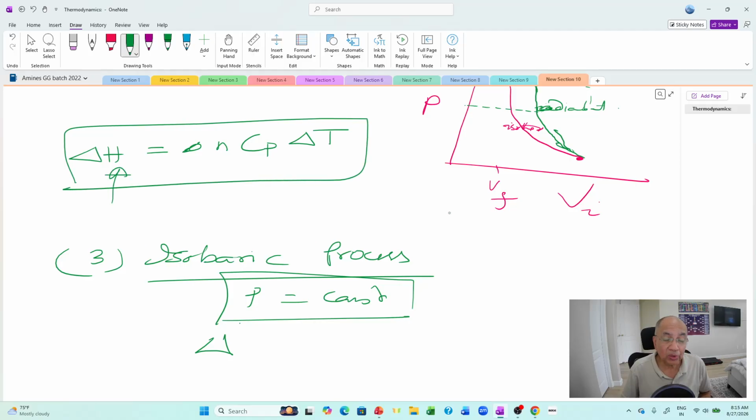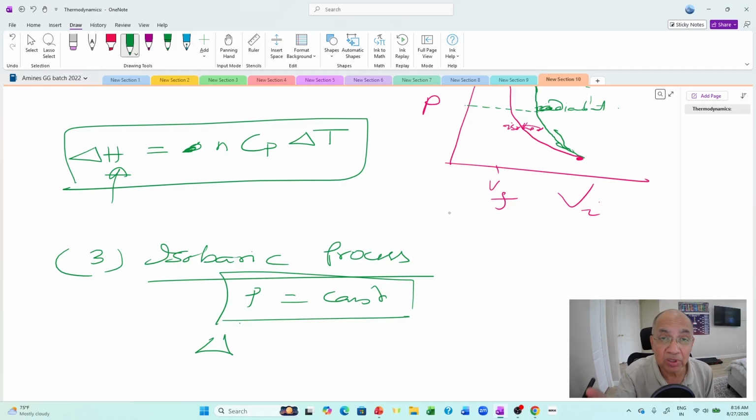So you will be asked what is the enthalpy change in this process. So you have to apply for everything: del U is equal to n Cv delta T, and for anything, del H is equal to n Cp delta T. So you find the two temperatures so that you know delta T.